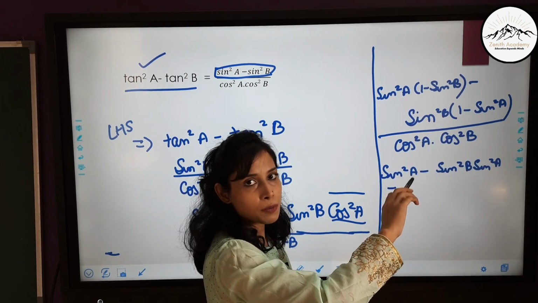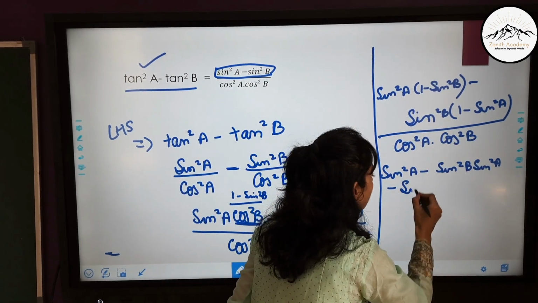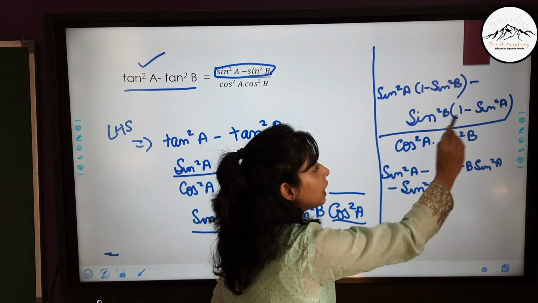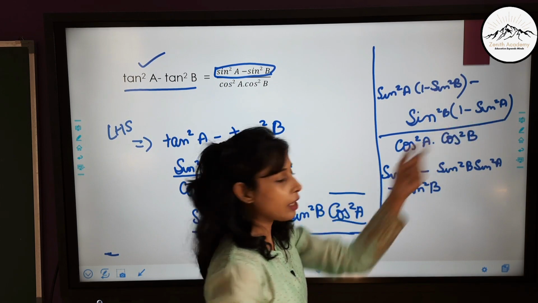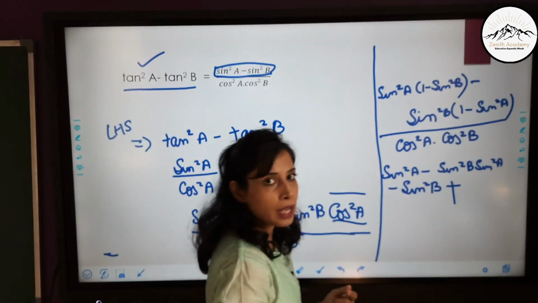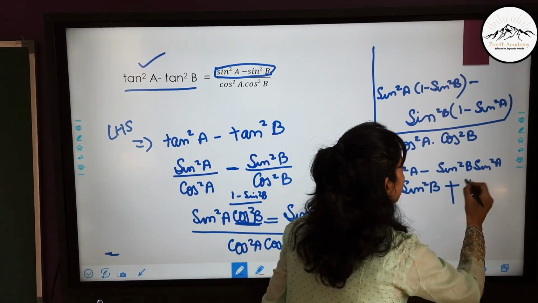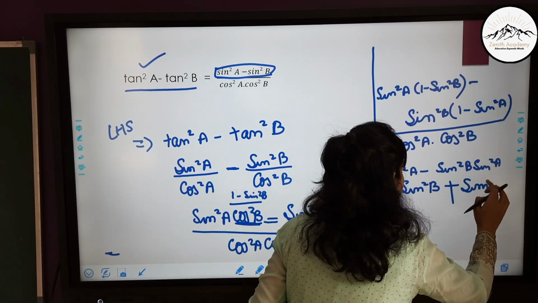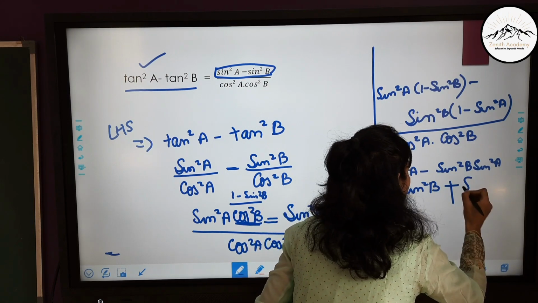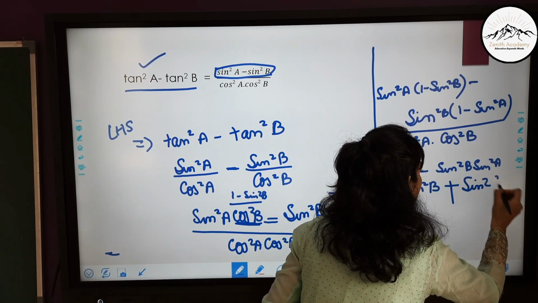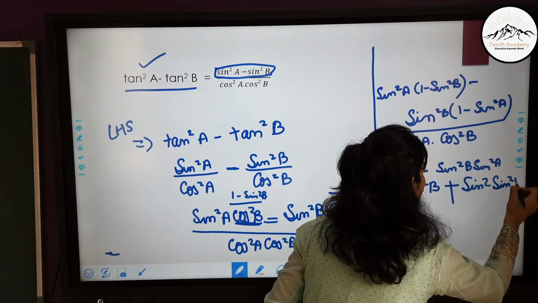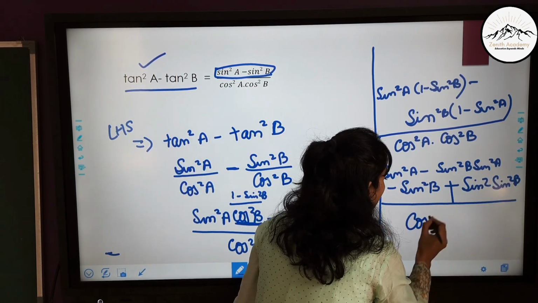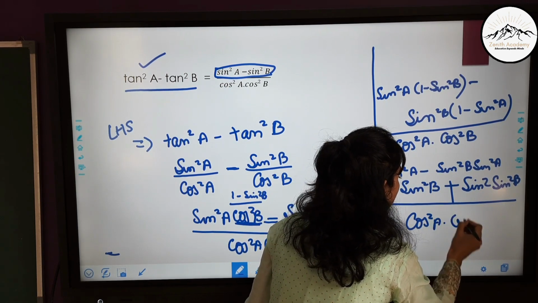The minus plus will give us minus, so this will be minus sine square B. And now minus sine square B into minus sine square A: minus minus will become plus. So sine square B into sine square A. This is whole upon cos square A into cos square B.